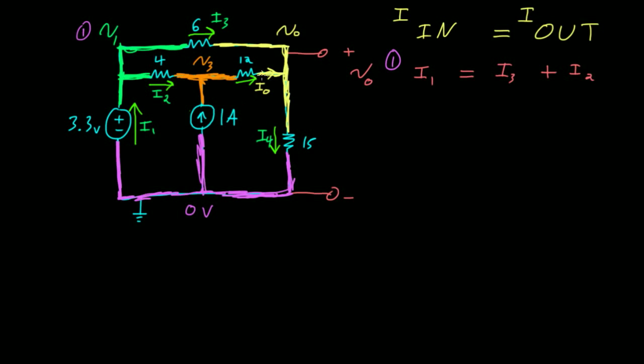But what we want is to only write down the currents that flow directly from our V1 node into another node. I0 is flowing from our V3 node into our V0 node, so it really doesn't have much to do with our V1 node. So we only want to deal with currents that are flowing from our V1 node into other nodes when we talk about currents that flow in or out.